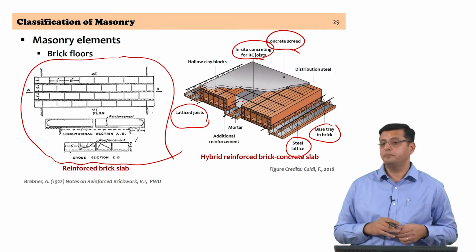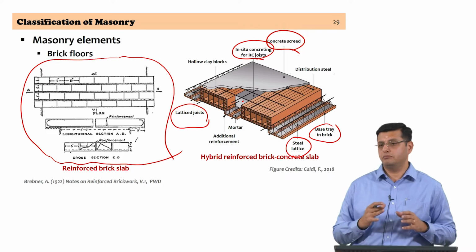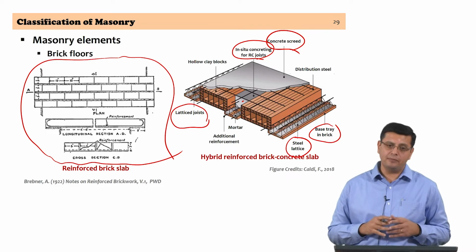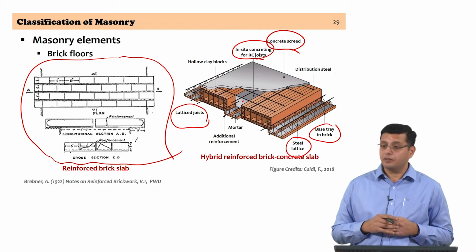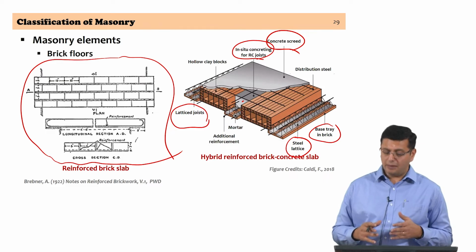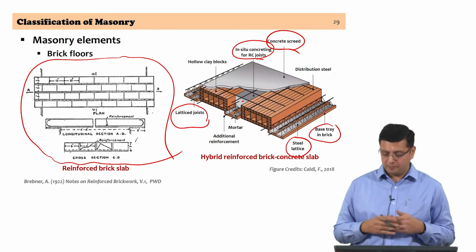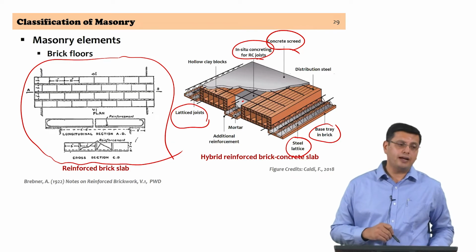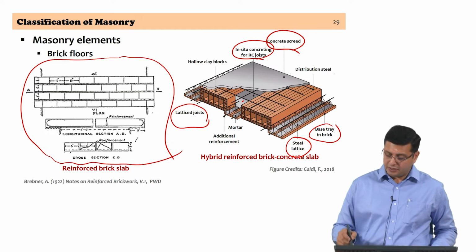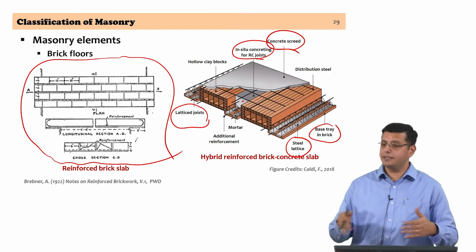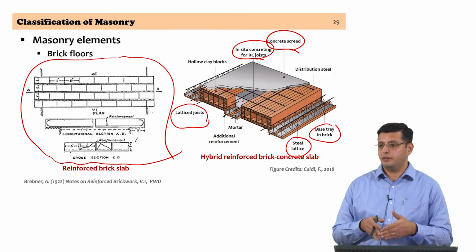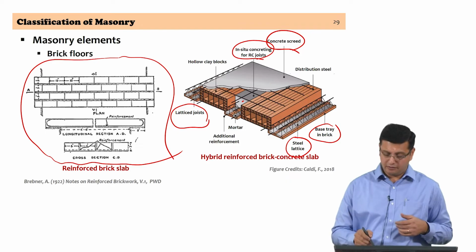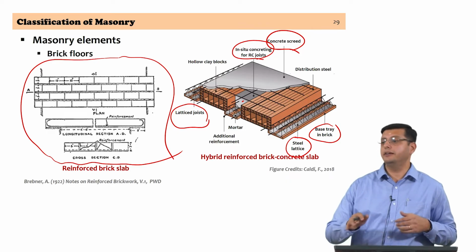So, this sort of reinforced brick concrete slab is becoming prevalent in several modern constructions across the world. It also has another advantage: you can have precast elements assembled and the screed concrete alone done in situ.